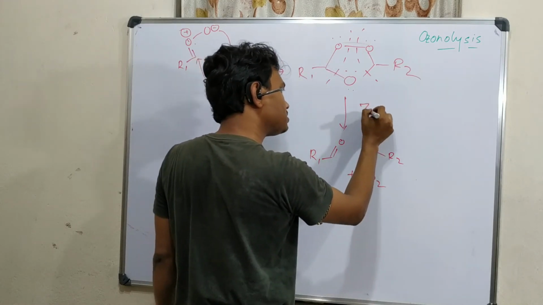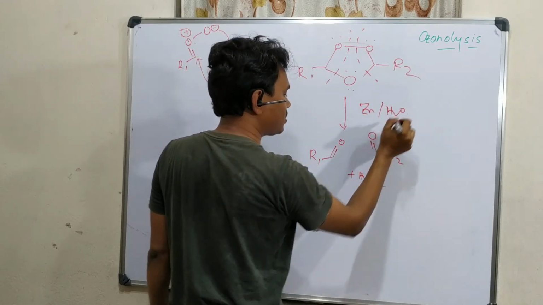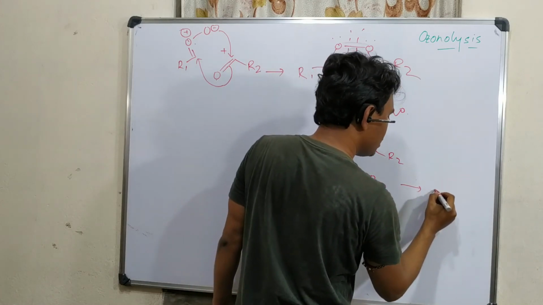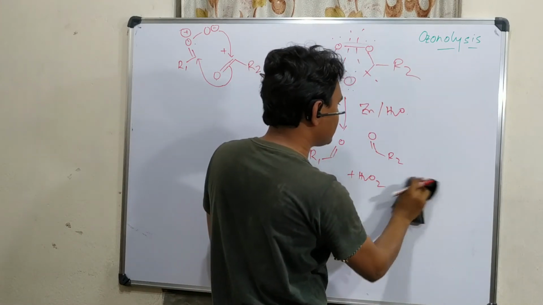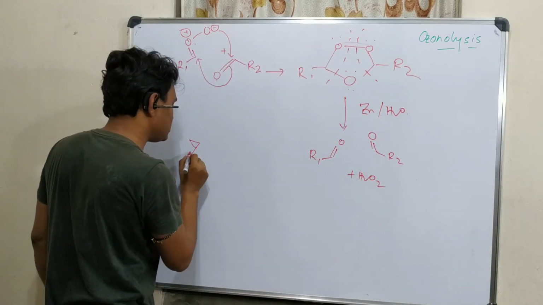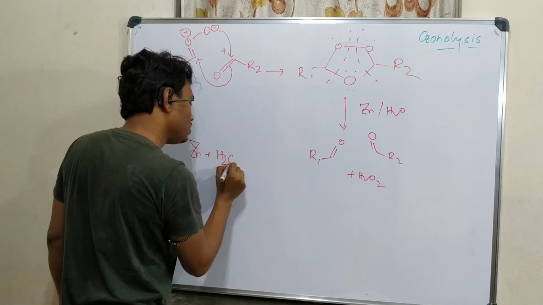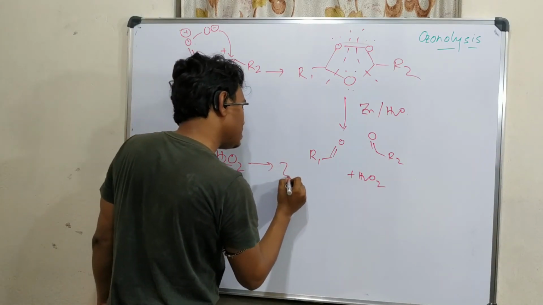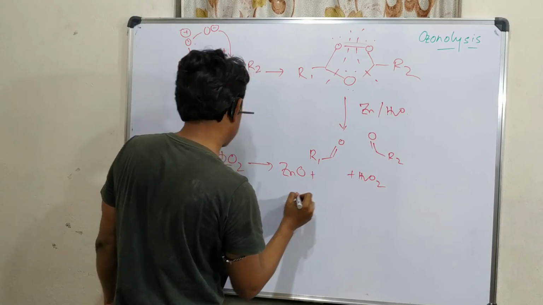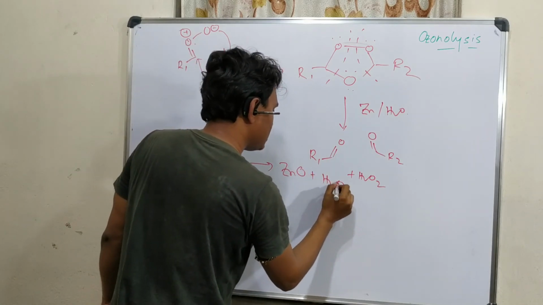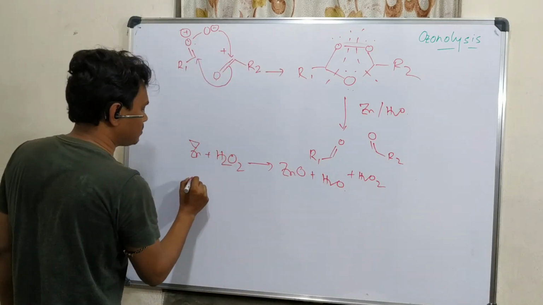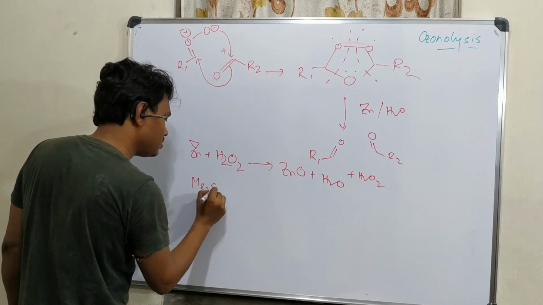And if we use zinc and water, this hydrogen peroxide will be quenched, and zinc will be oxidized. Zinc plus H2O2 will produce zinc oxide plus water. A similar thing happens in the case of dimethyl sulfide also.